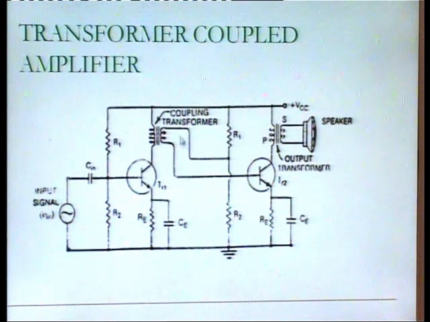So you have replaced your RC, that is your collector resistance. The output is taken across this transformer secondary. The simple way to draw this circuit again is to draw two stages, the first single stage cascaded to your second single stage.